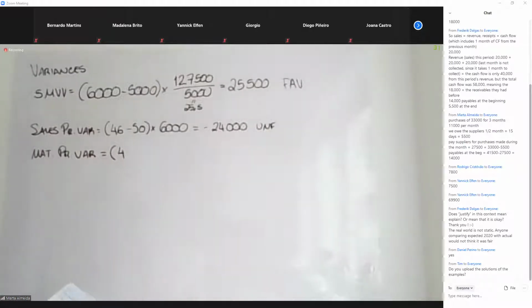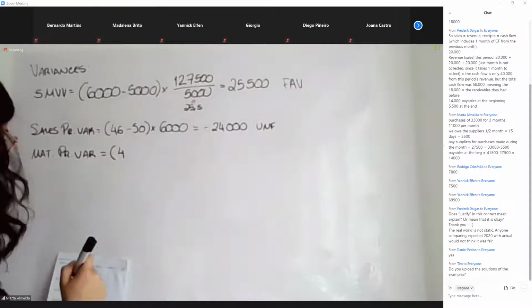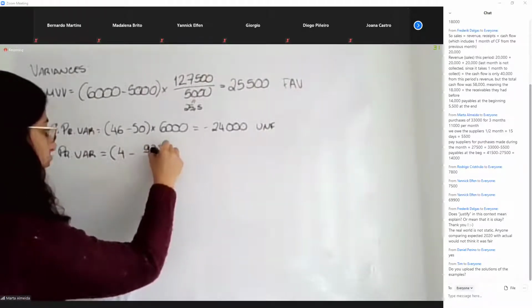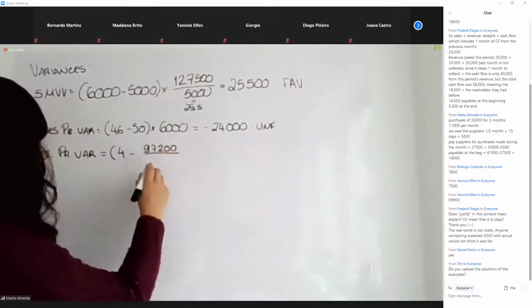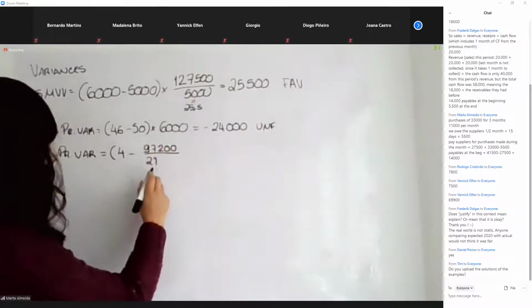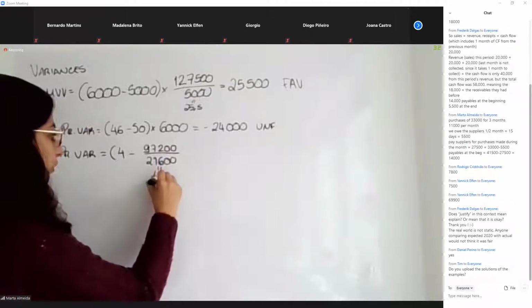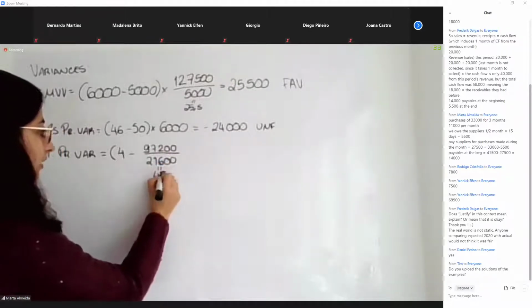And the actual, we calculated before, and we got 4.5. Those 4.5 were 97,200 divided by the 21,600 meters. Okay, this gave us 4.5 as we calculated before.